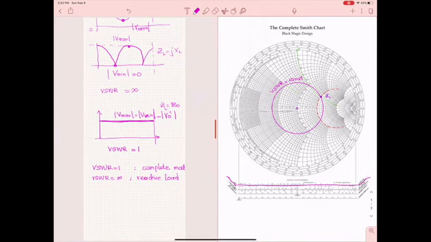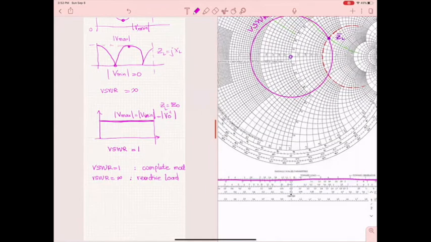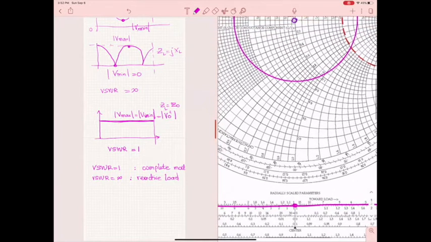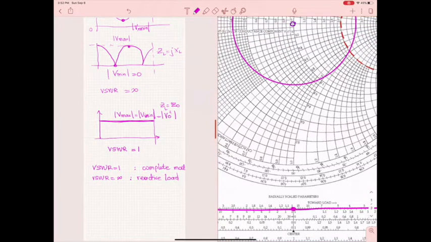On the chart, it starts at 1. See, 1. If I know that I have a match on my line, this one, if I extend it, if I write the line which is perpendicular to the axis of the Smith chart, it goes here.